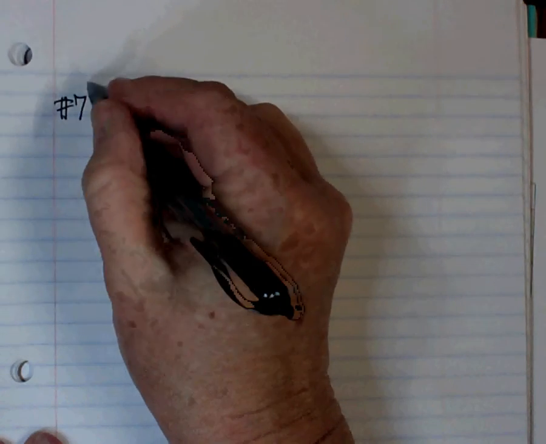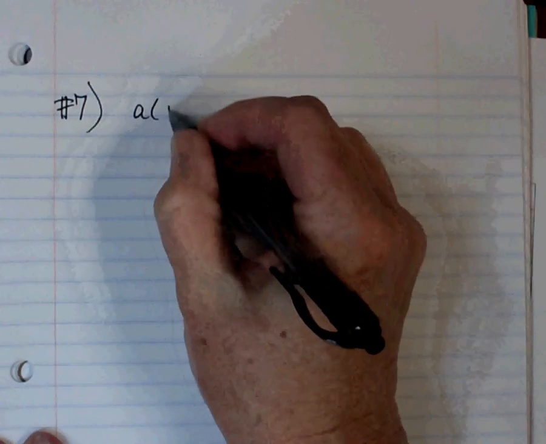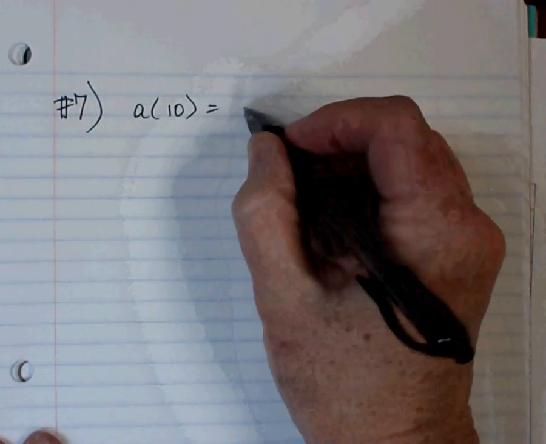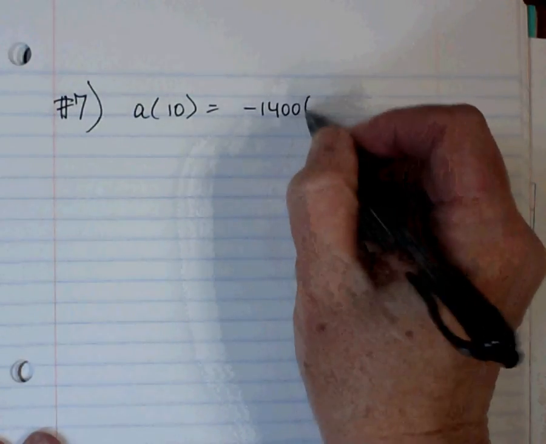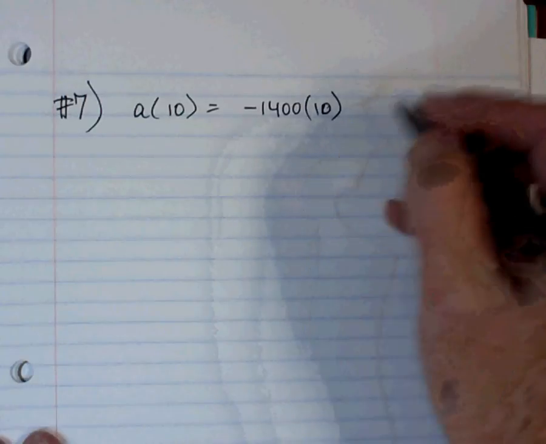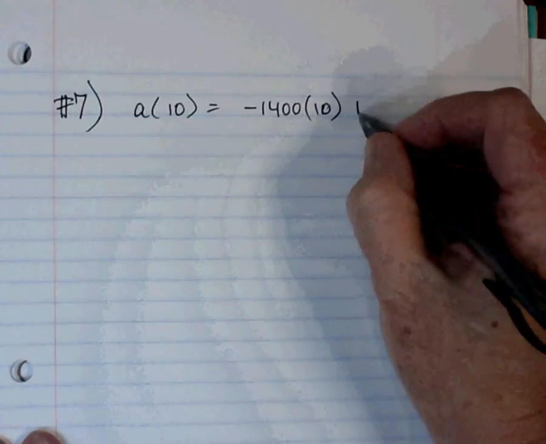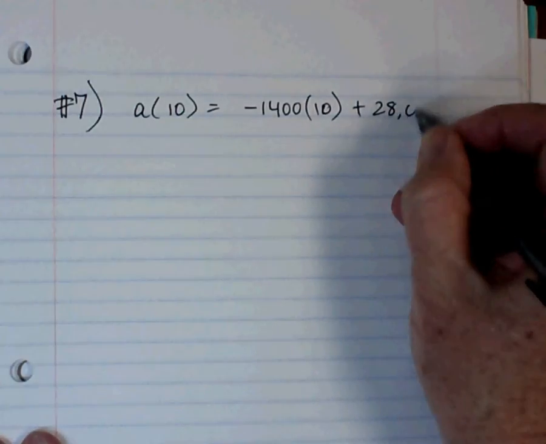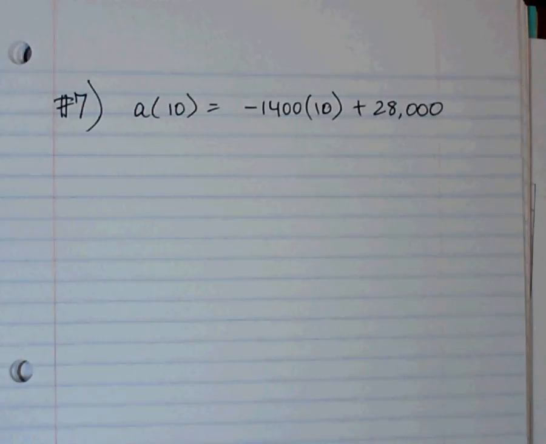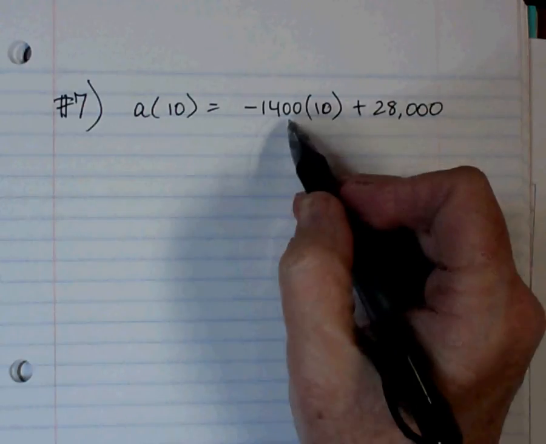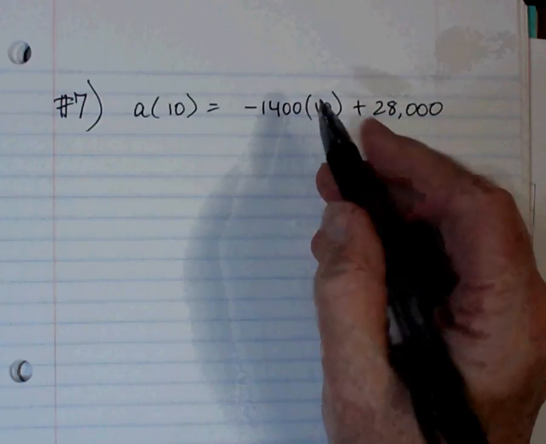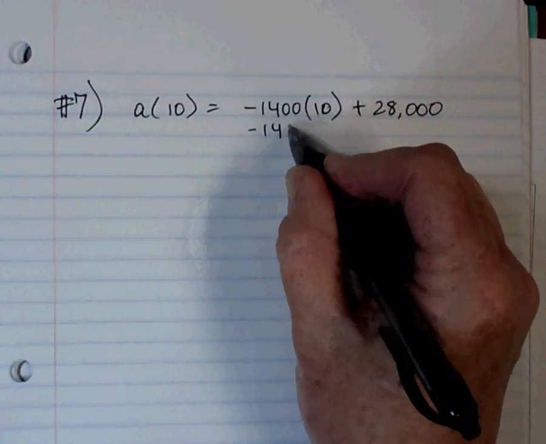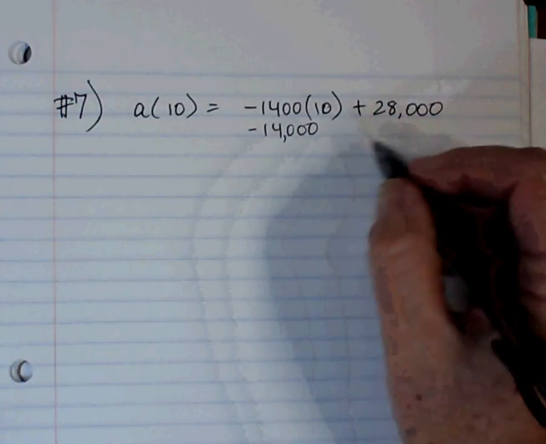All right. And this is number 7 for reference. A of 10 equals negative 1,400 times 10, and we're adding the original amount of gallons. And multiplying by 10 just means we're going to have one more zero, so it's going to be 14,000 this time.